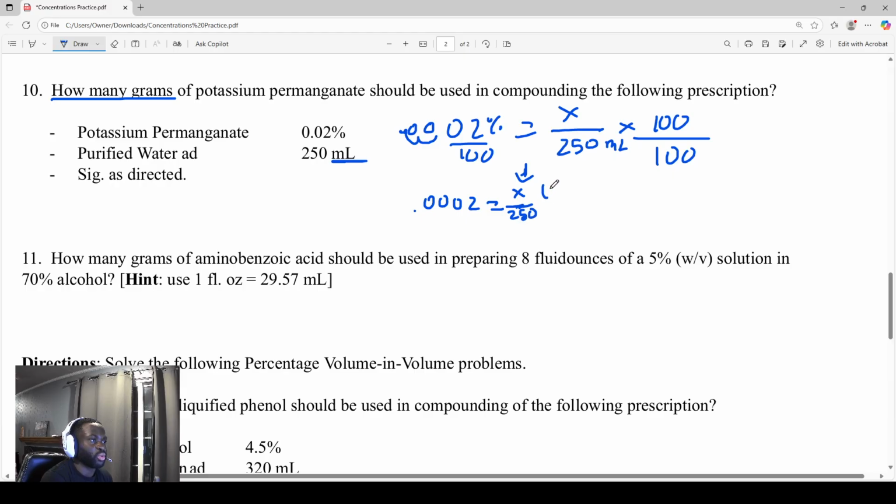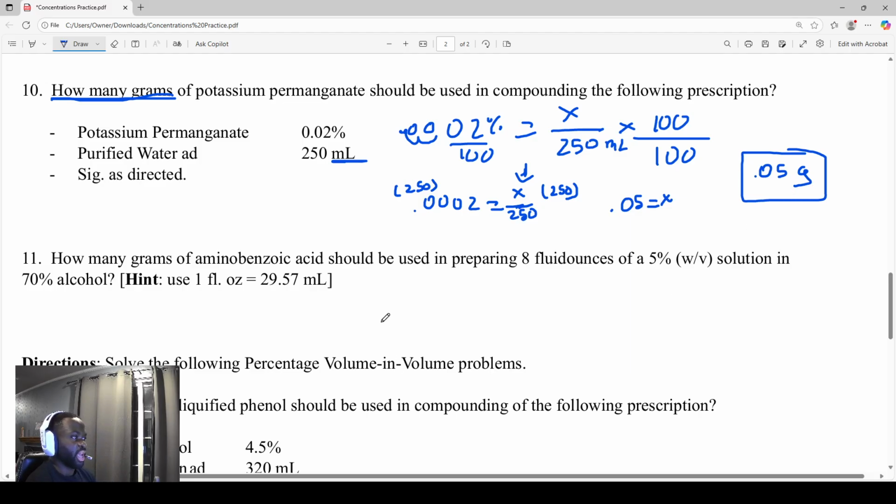Now we multiply both sides by 250, which is going to be 0.05. That's wonderful, because it's asking for it in grams, so we don't need to do any extra work. So our answer is going to be 0.05 grams.